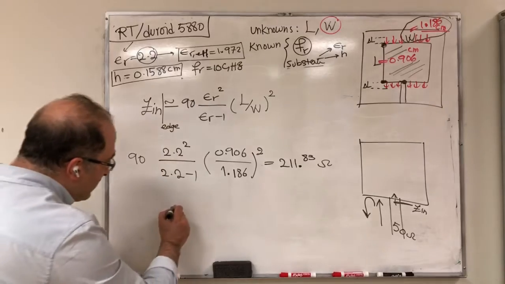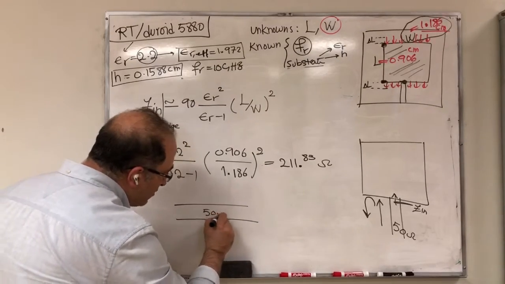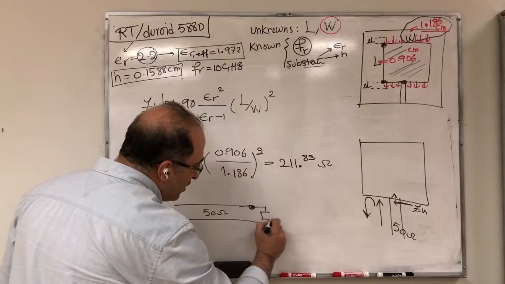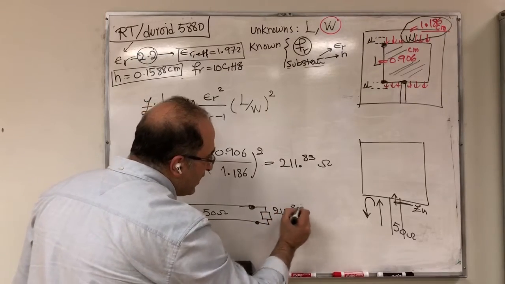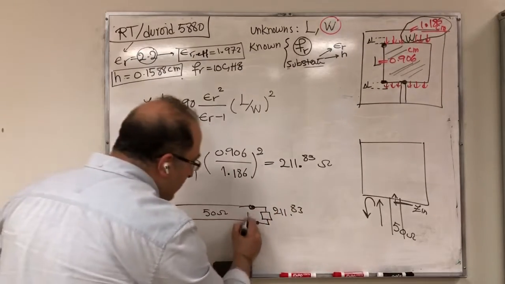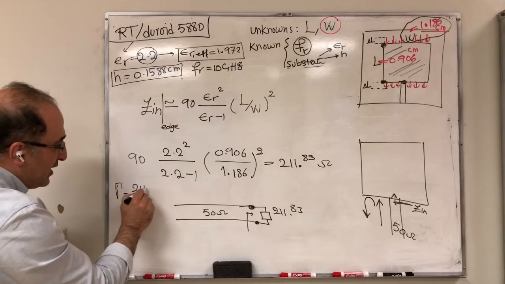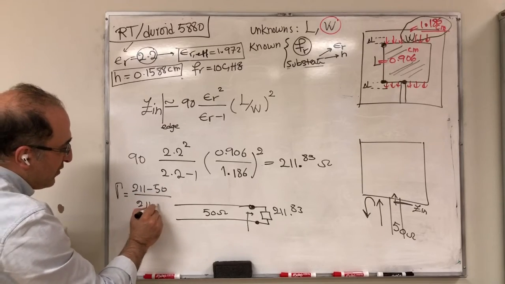From a transmission line point of view, you bring a microstrip transmission line with characteristic impedance of 50 ohm to a load, which let's say is 211.83. Now, what would be the reflection coefficient here? Reflection coefficient is 211 minus 50 over 211 plus 50.